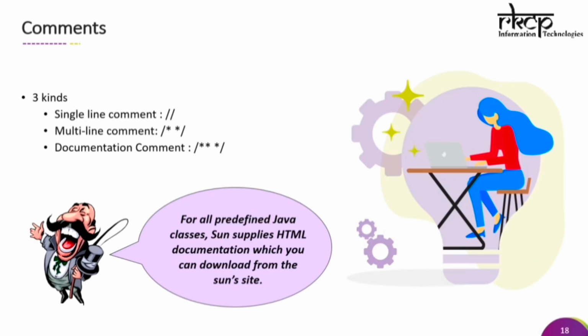And third one is the document comment, which starts with forward slash and two asterisks. There you can write your document level comment. These comments are used whenever you go with any documentation, and there you will see all the document level comments.